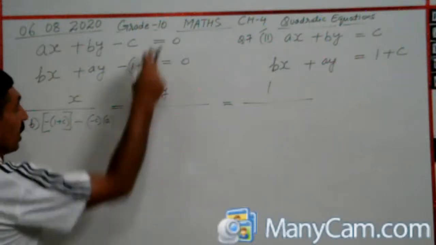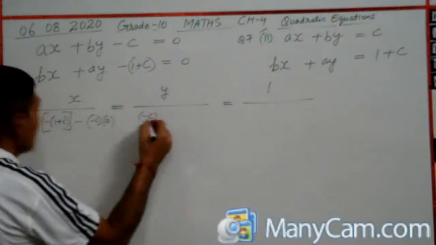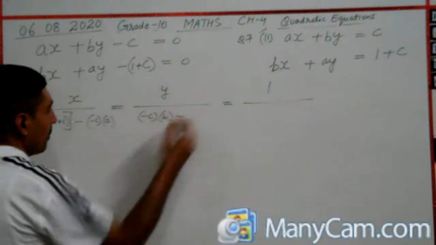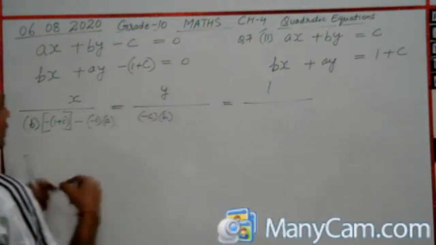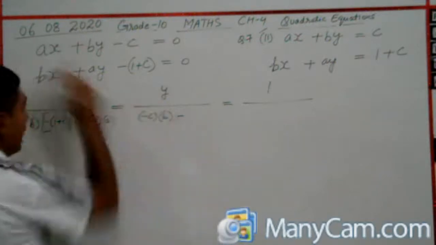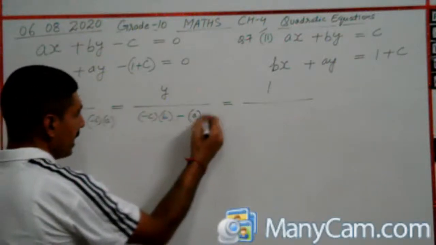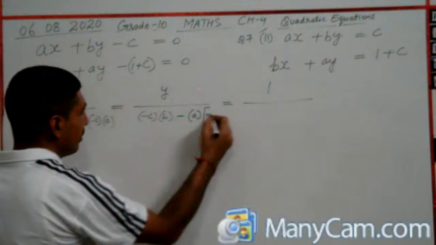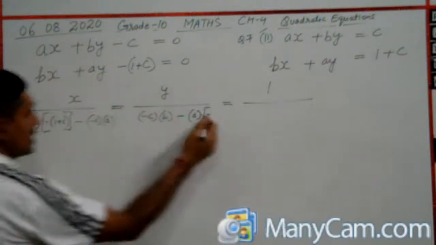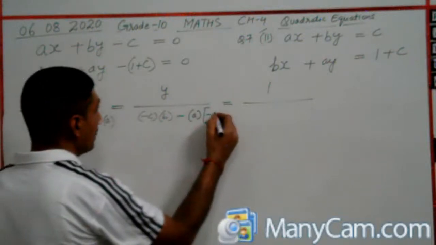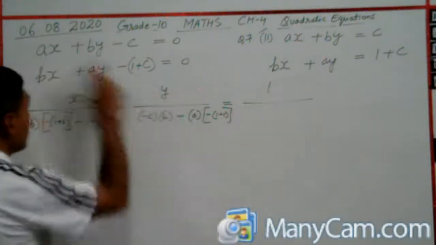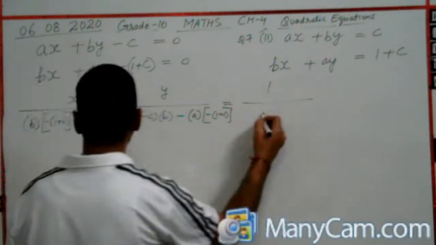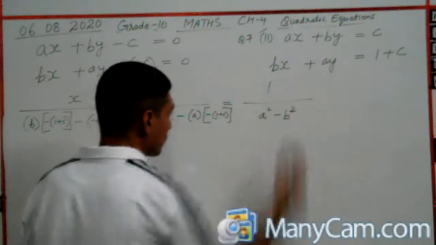Now here we have minus of c into b, and last we have a into a, that is a square minus b square.